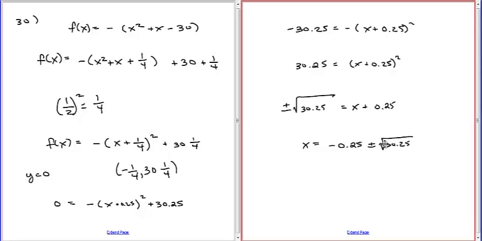And then we'll just do that in decimals, so negative 0.25 minus the square root of 30.25. So that's negative 5.75. And the other one is where we add the square root. So that's positive 5.25.